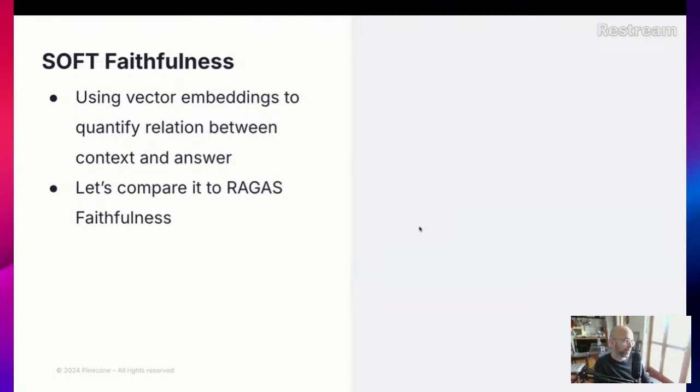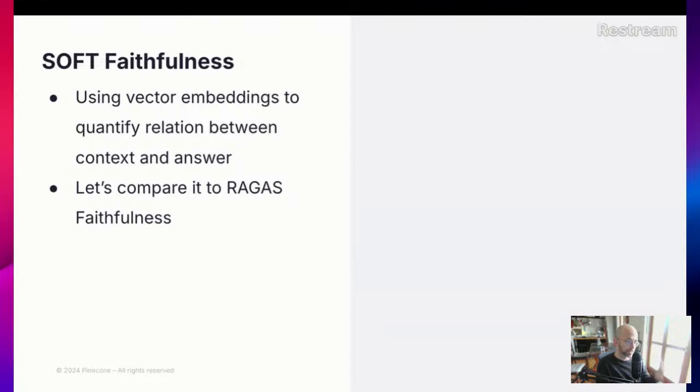One of the things we've done specifically at Traceloop is exactly that. We've built one of the metrics we provide on the platform. It's called soft faithfulness. Soft faithfulness uses some sophisticated vector embedding techniques to quantify the relation between a context and an answer. Remember, we have a RAG pipeline. We have some question. We go to the vector database and we get the context.